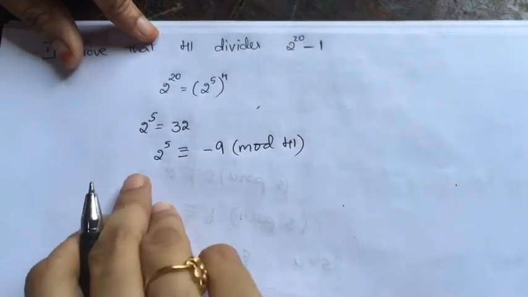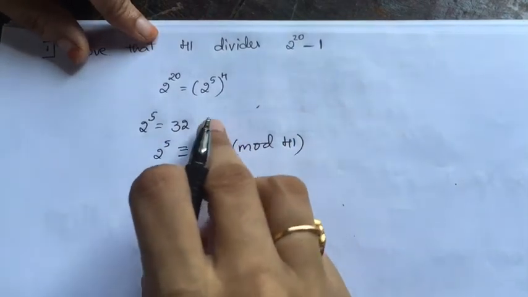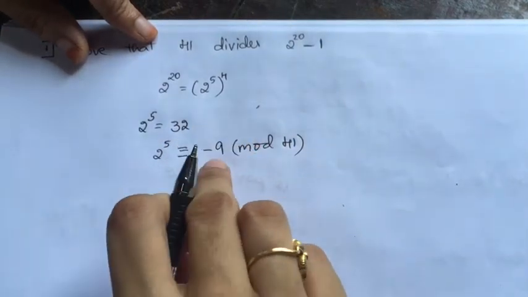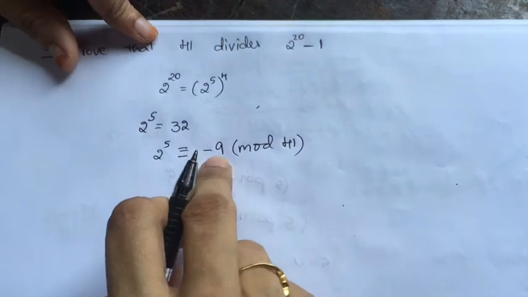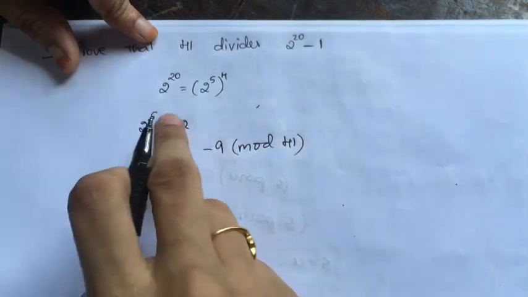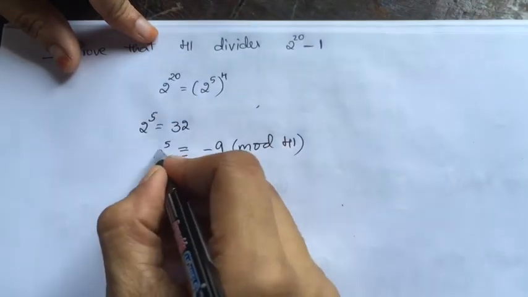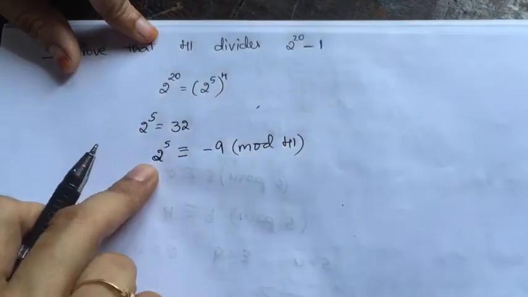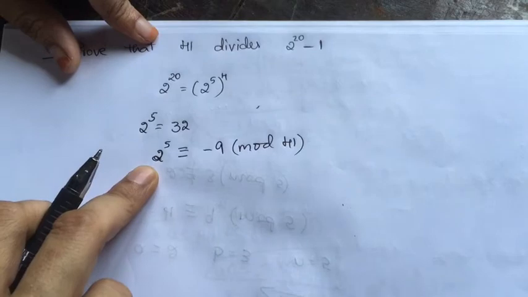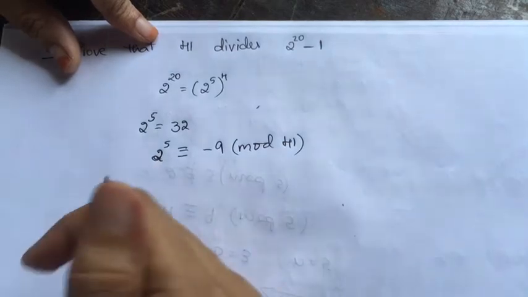I have to think of the smaller values of this. It depends on the power also. Since you have a very small base, that is 2, it's quite easy to get.